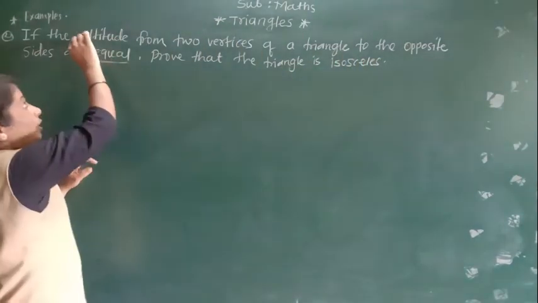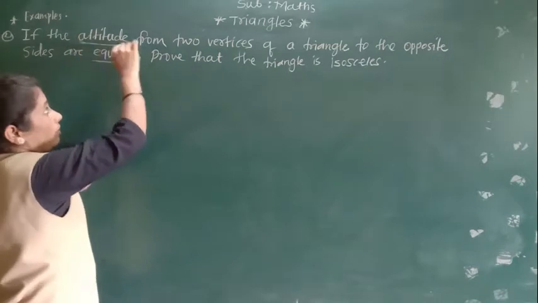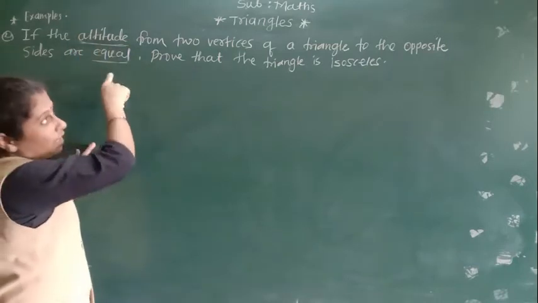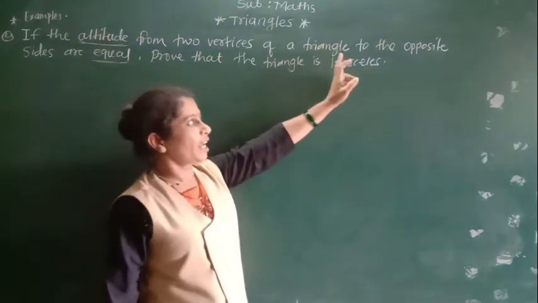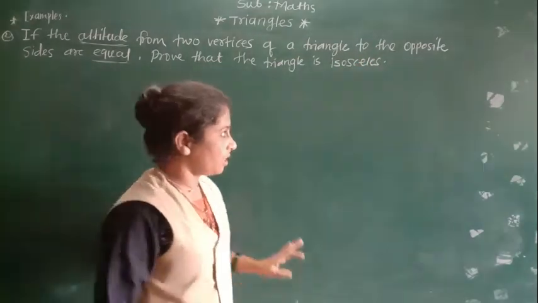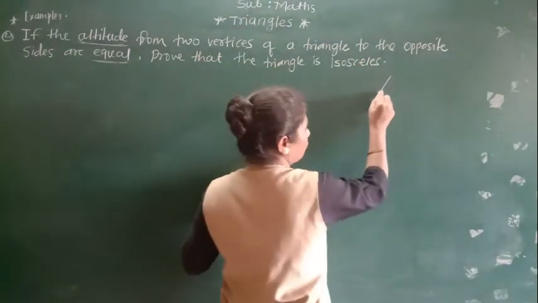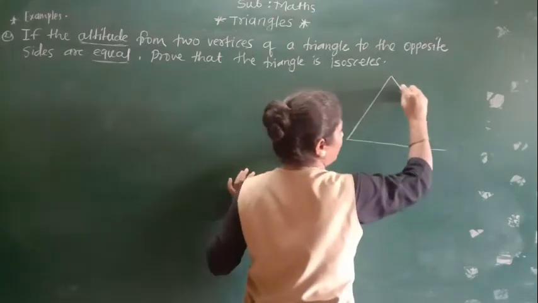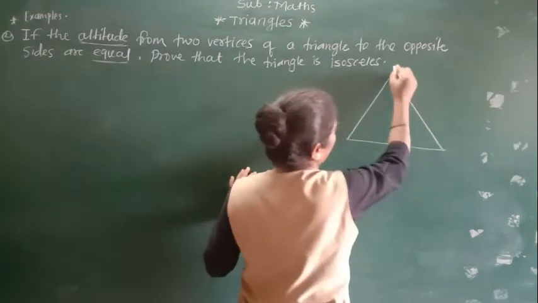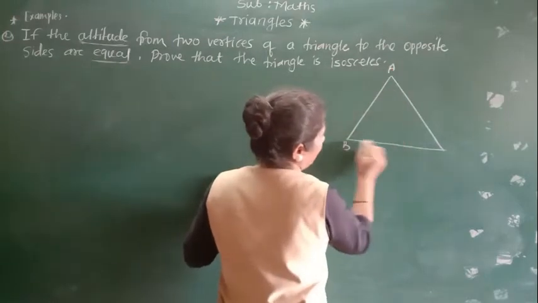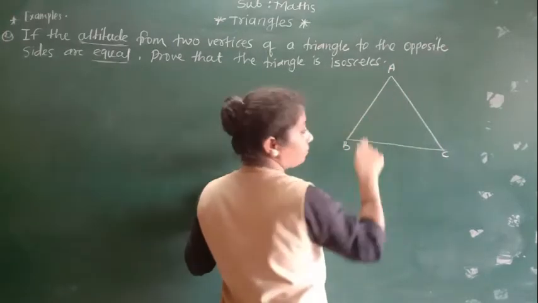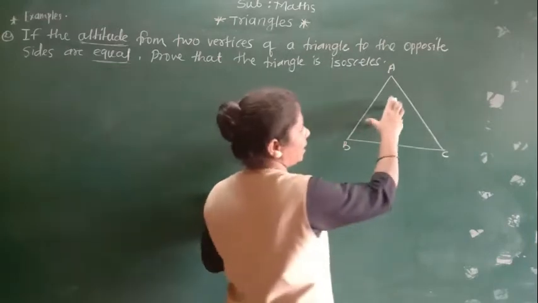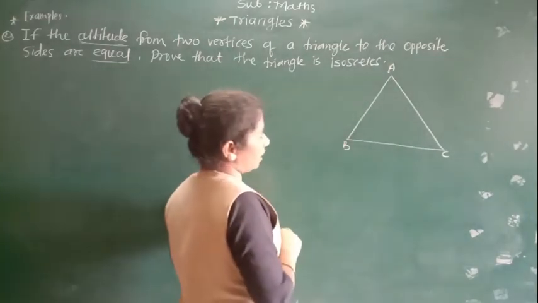Now see the figure. This is triangle ABC, and we have to prove this triangle is isosceles, that is, AB equals AC.